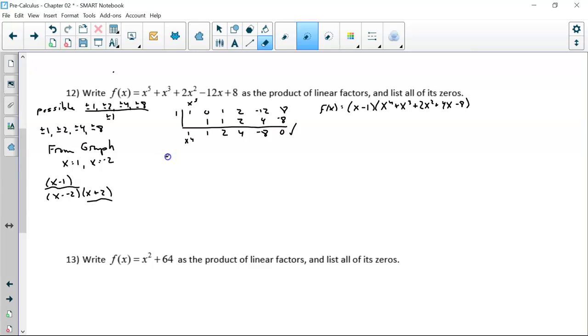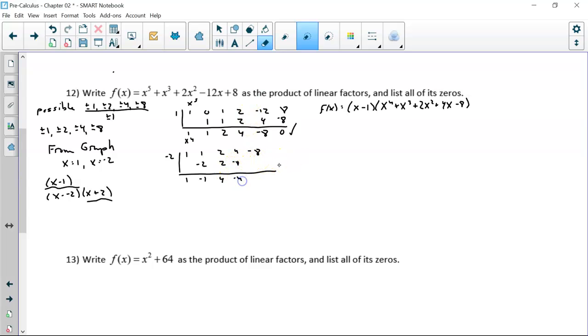And now we're going to use the negative 2 and keep working through this. So from above, bring down the 1, the 2, the 4, and the negative 8. Our smaller polynomial, not the original. Bring down the 1, negative 2, negative 1, positive 2. We get a 4. Negative 2 times 4 is negative 8.